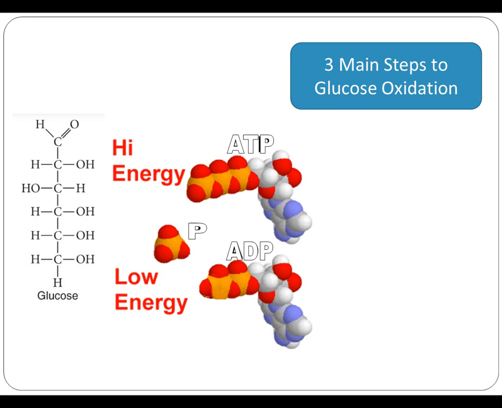The three major steps to glucose oxidation under aerobic conditions. Under aerobic conditions, the first step that we're going to study is called glycolysis. In glycolysis, what does the word lysis mean? The suffix lysis means to break down, to split.